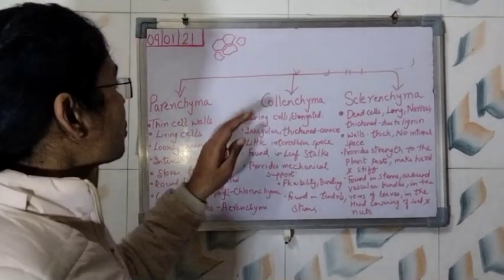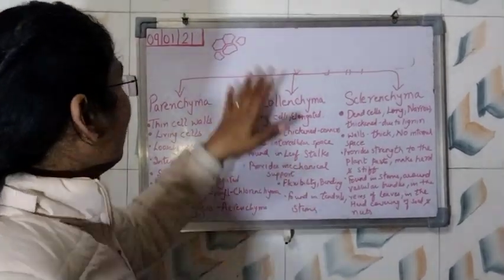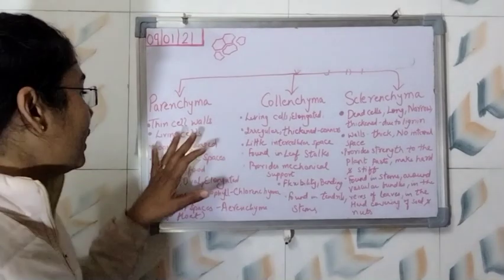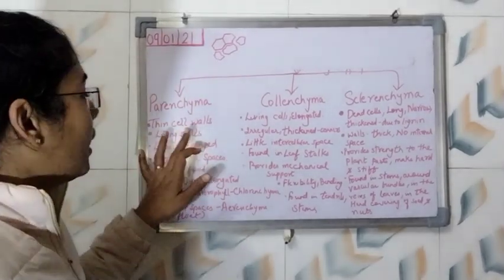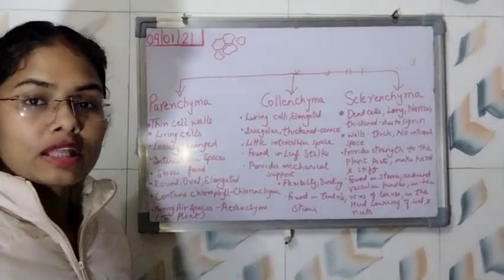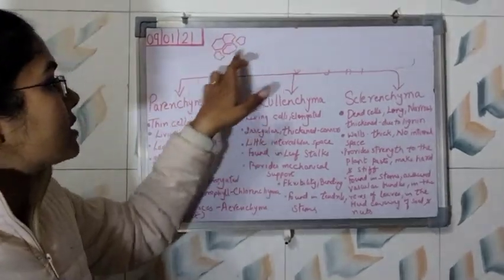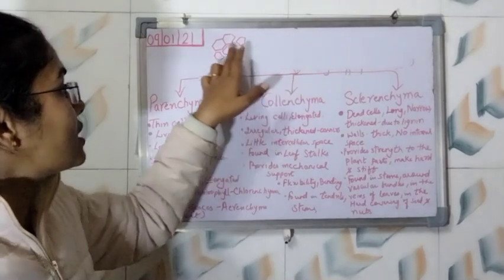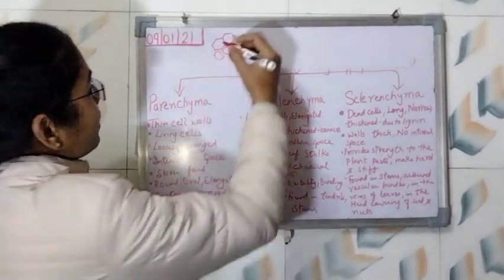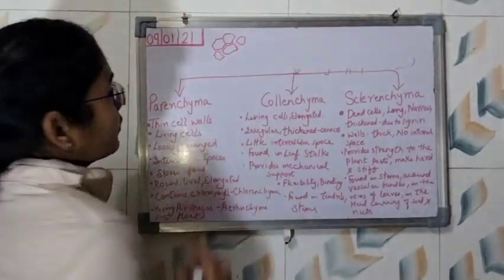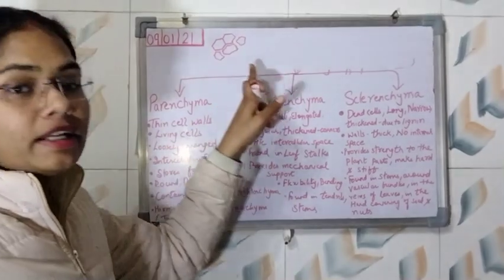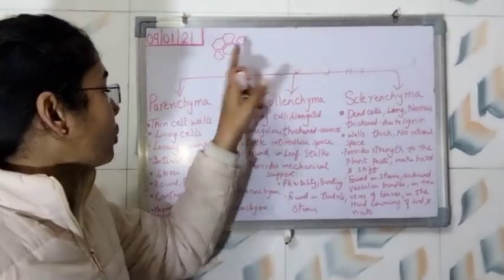You can see this parenchyma tissue has thin cell walls, and the cells present in this tissue are living, right? And these cells are loosely arranged. You can see there are gaps between the cells, right? So we can say intercellular spaces are also present.